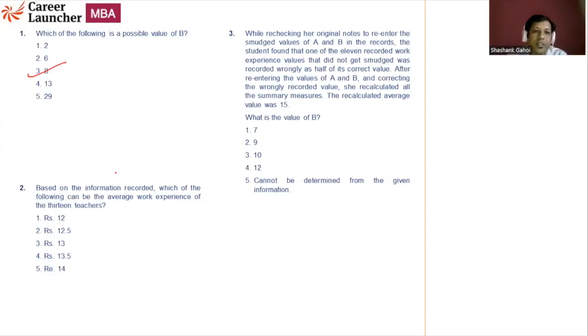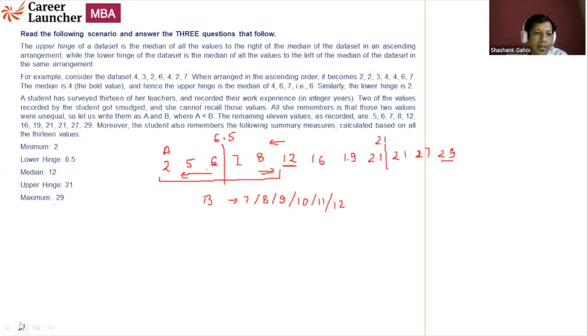Based on the information recorded, which of the following can be the average of work experience of 13 teachers? So let's add up all the numbers. So 2 plus 5, 7, 7, 13, 20, 28, 28 plus 12 is 40. 40 plus 35 is 75. 75 plus 42 is 117. 117 plus 27 is 144. 144 plus 29 is going to be 173.